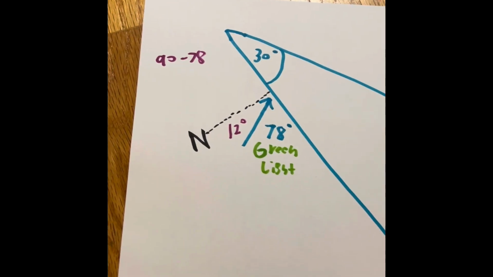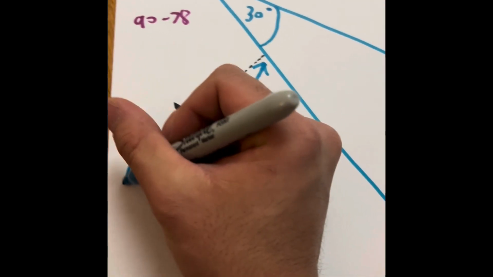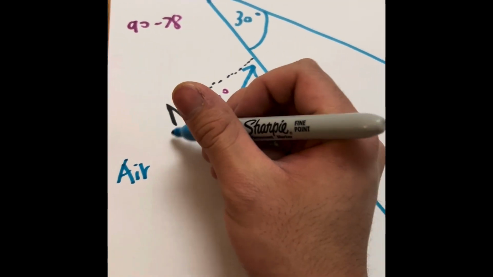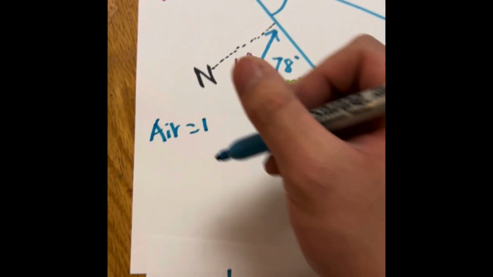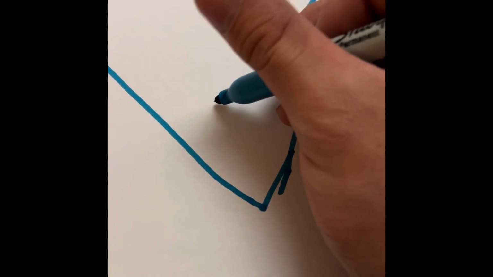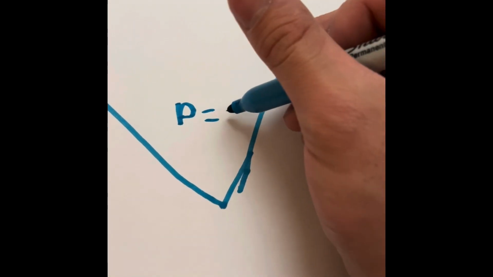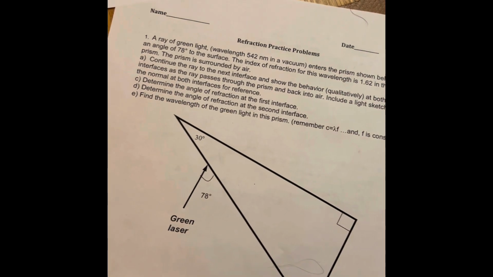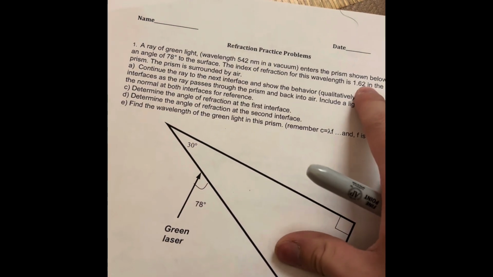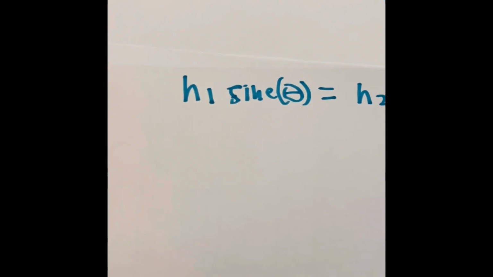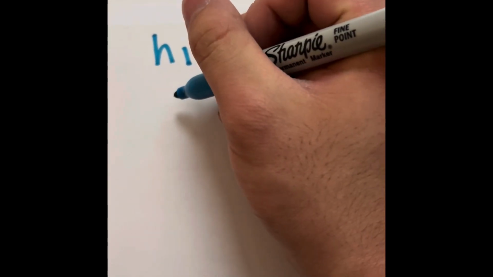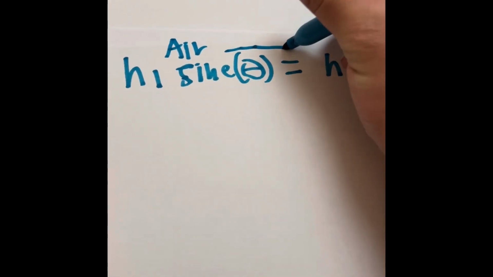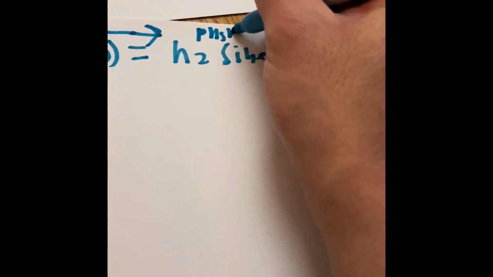In our problem, we said that air is going to have an index n equal to 1. The prism inside of it is going to be equal to 1.62, as referred to in the problem right over here. So here's the first one. We are going to say air is on the top as the left one, and it's being transferred to the prism right over here.